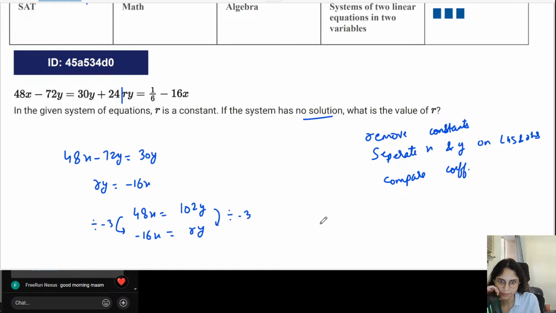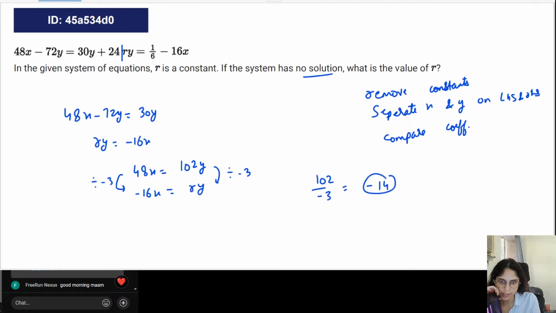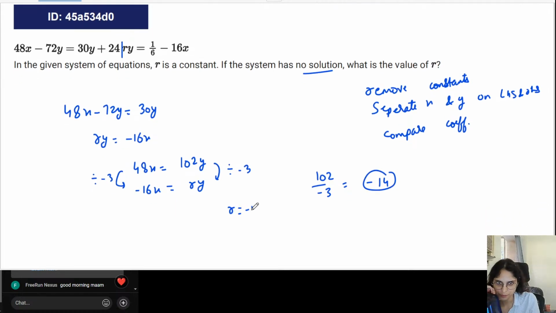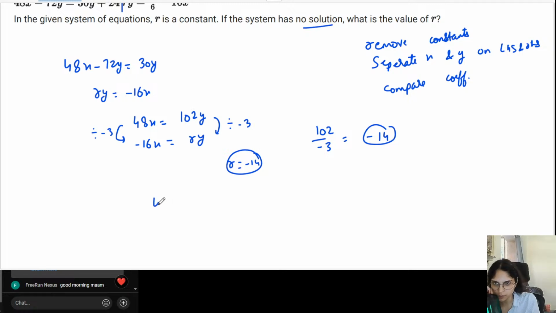Divide with -3. 102 over -3 is -34. So r is -34. After this, you can also do 48 over -16 is equal to 102 over r. And put this in Desmos.